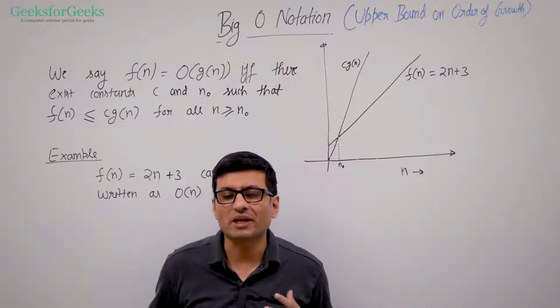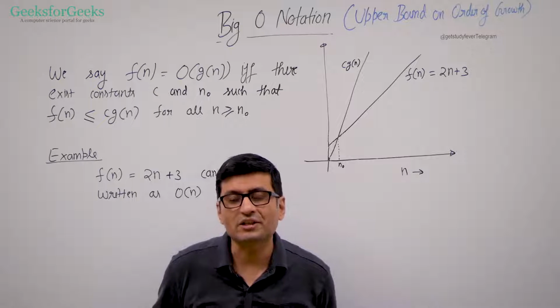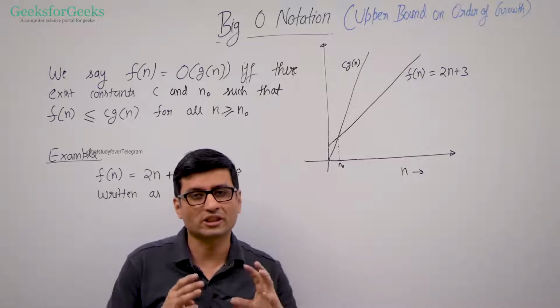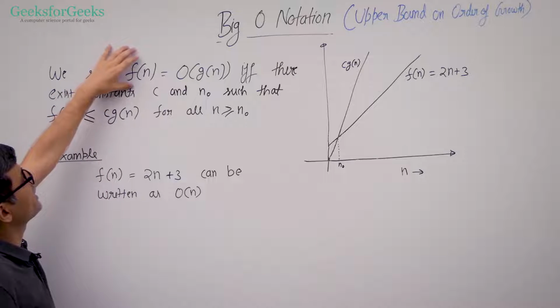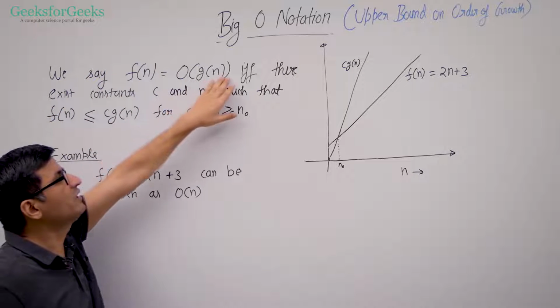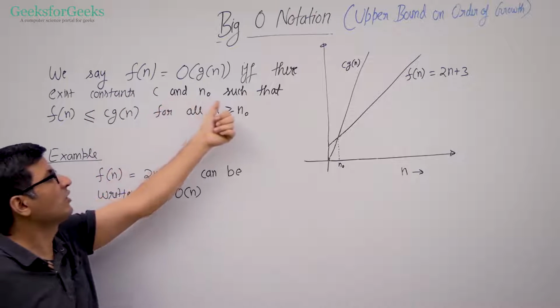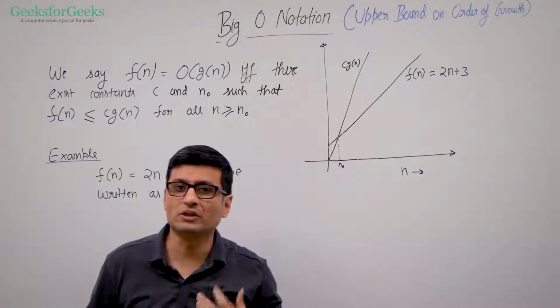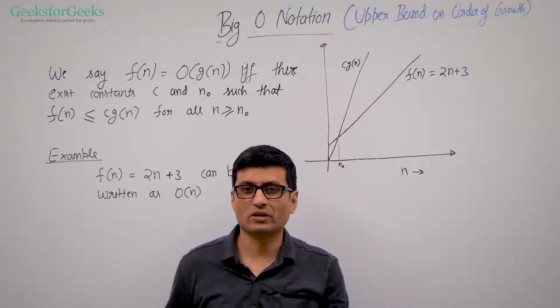We have seen a quick way to find big O notation. Let us now see the mathematical definition of big O notation. This mathematical definition can be useful to prove that the big O notation that we found is correct. The definition says that we say f(n) is big O of g(n) if and only if there exist constants c and n naught such that f(n) is smaller than or equal to c of g(n) for all n greater than n naught.